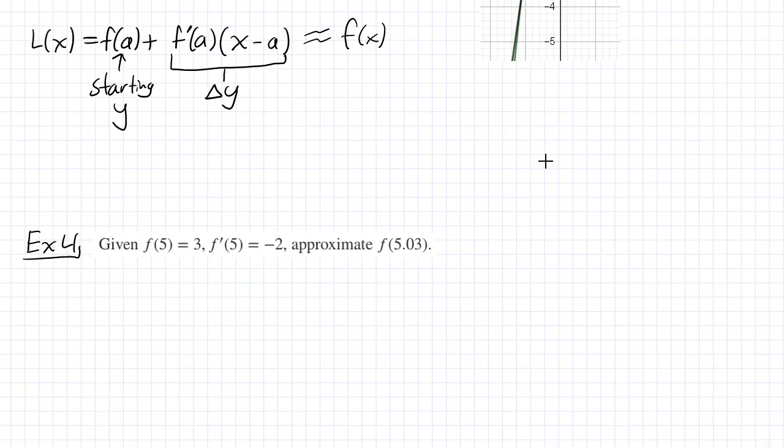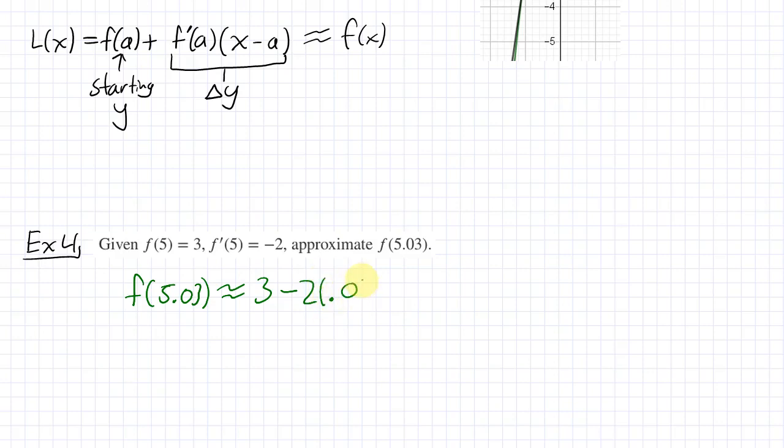If we're just given one point on the graph, if we just know one function value and we know the derivative, how can we use that to approximate f of 5.03? So we're just going to use this. We're going to say, well, f of 5.03 is approximately what you have when you start at 3, so we're going to take that starting value, and then f is changing at a rate of -2, so I can write -2 times whatever the change in the x direction is, which is 0.03 from here to here.